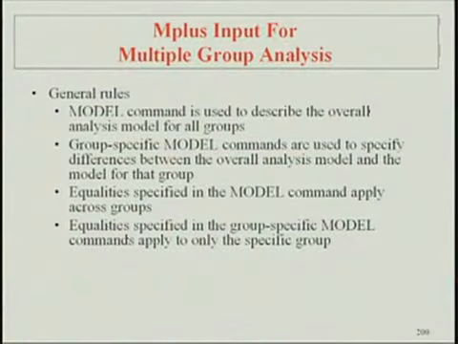A lot of times I see inputs for multiple group analysis where people repeat the full model for every group, and you don't have to do that. You just have to have the overall model once. We repeat it for you, and then we read the group-specific model command statements and replace those for each group. So you should only be putting in the group-specific model commands differences between the overall model and the group-specific models.